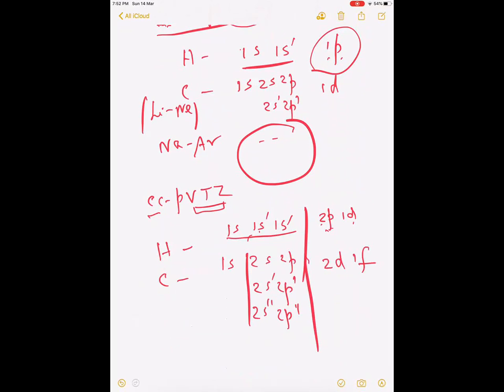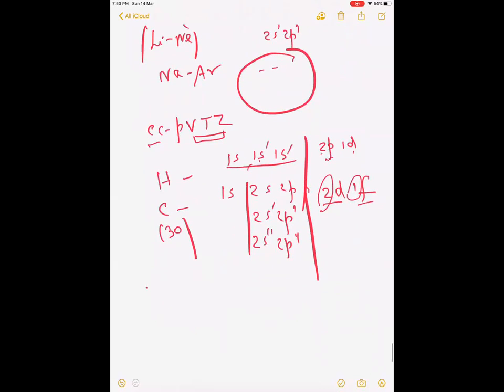I hope you understand the scenario. Because it's a triple zeta, I have to use 2 sets of angular momentum, not 1. The first will come 2 in number, the second will come 1 in number. Just please understand the logic. Don't try to calculate everything because that will be very difficult. Of course, for carbon, I will have 30 functions. You can calculate that: 4s functions, 3p functions, 2d functions, 1f function. That's how you should see it. So the number will be 30.